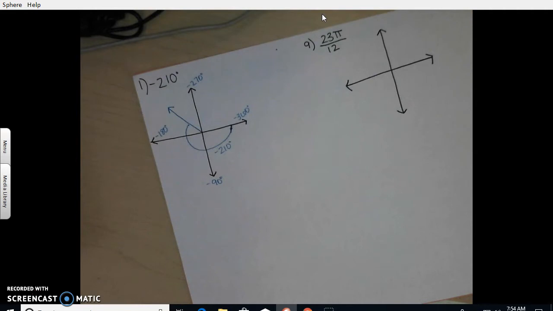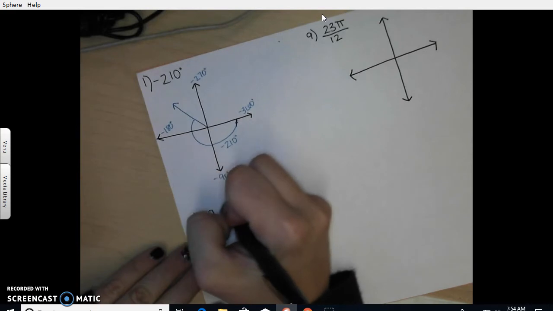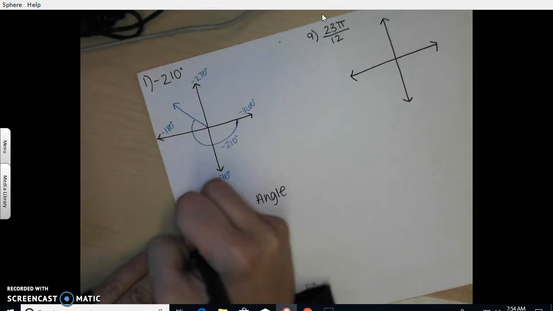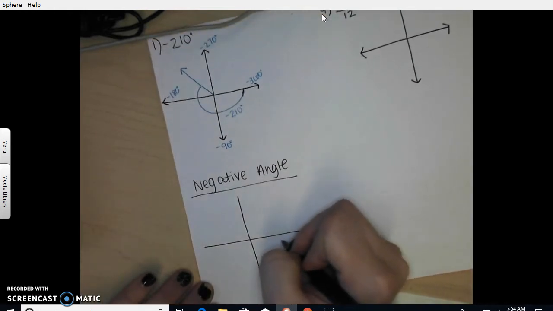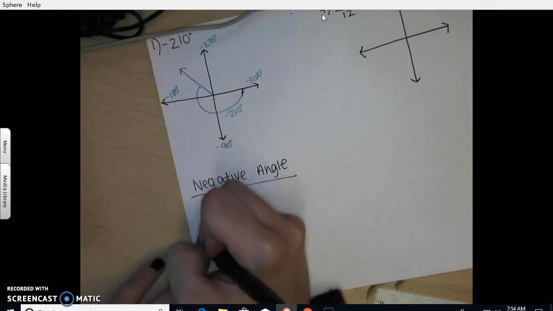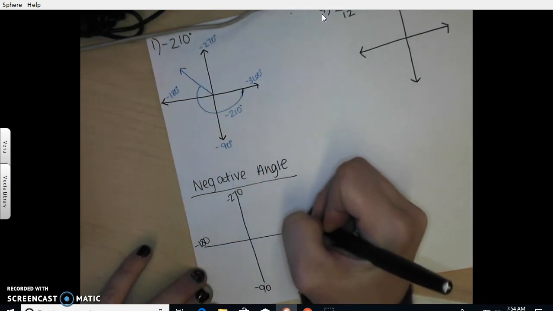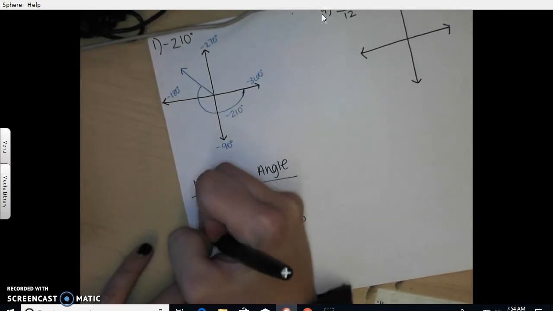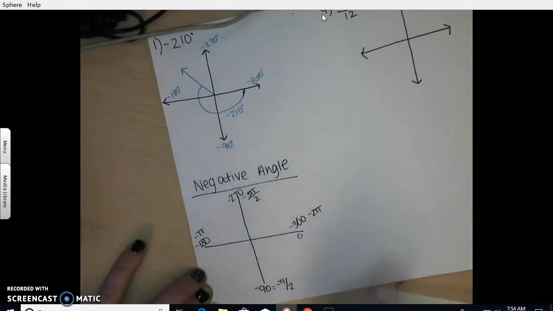So if I have a negative angle, I want my x and y axis to be labeled 0, negative 90, negative 180, negative 270, negative 360, which is really negative pi over 2, negative pi, negative 3 pi over 2, and negative 2 pi.